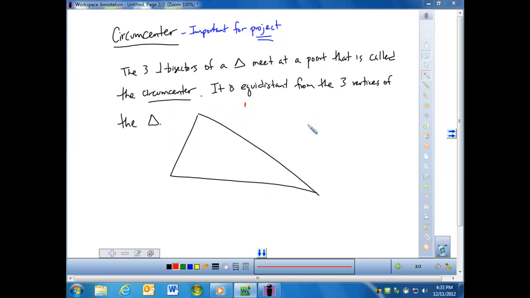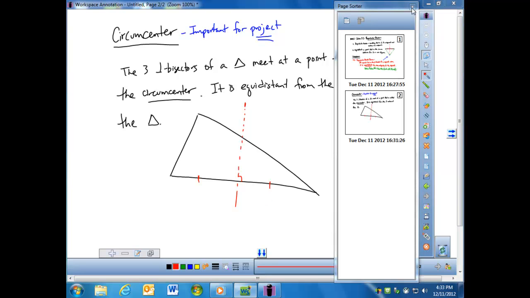So here is my first perpendicular bisector, perpendicular to that bottom side of the triangle, and hopefully, if I've eyeballed it fairly well, separating that side into two parts.